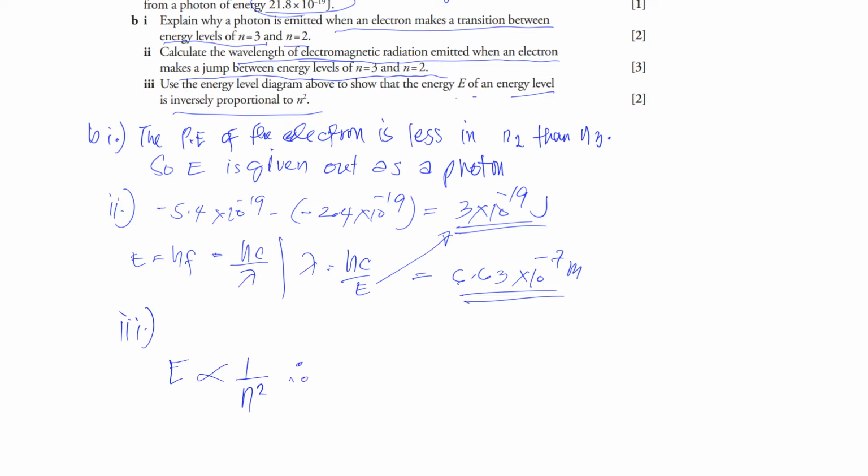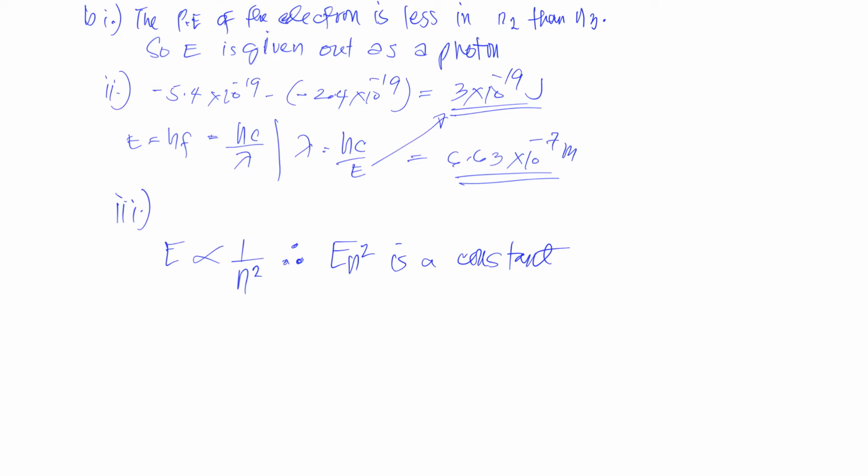It means therefore that E n squared is a constant, right? So let's test that one. If n is equal to 1, then E n squared equals 21.8 from the graph times 1 squared.